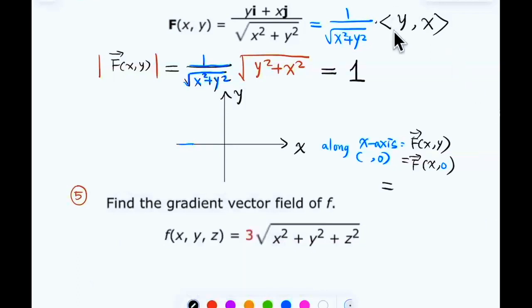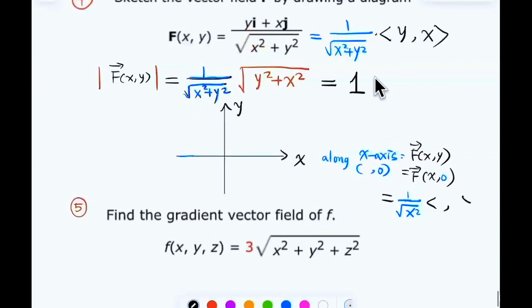According to this formula over here, we know the magnitude is 1. We just need the direction, right? So 1 over square root of x squared, which is 1 over x. And what do I have here? Yeah, did you just say 0? So for the first component, and then the second component will be what?